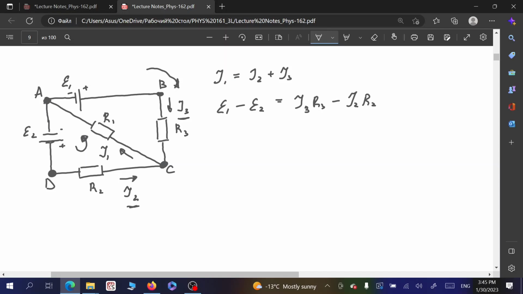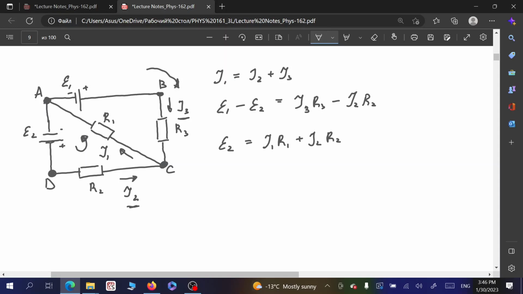So then what do we have? We have positive electromotive force, epsilon 2. Then it's equal to two also positive contributions of R2 times I2 and I1 times R1. So I1 times R1 plus I2 times R2.